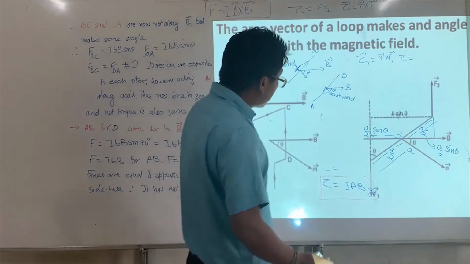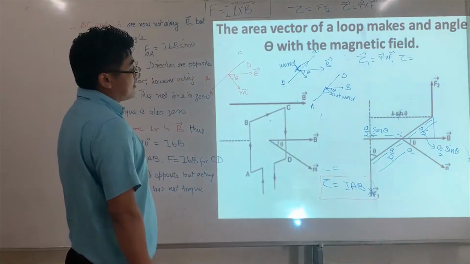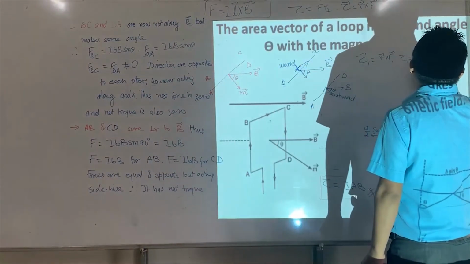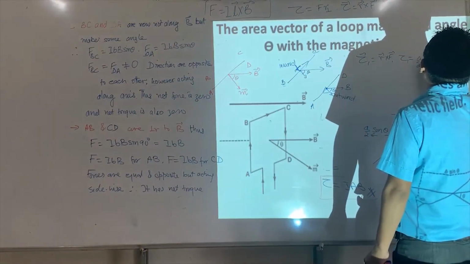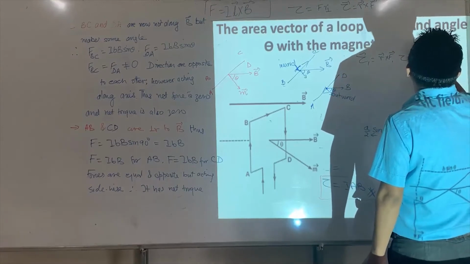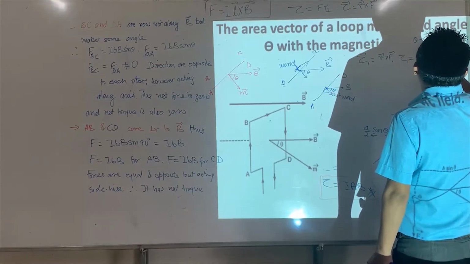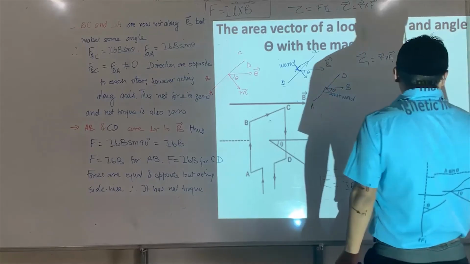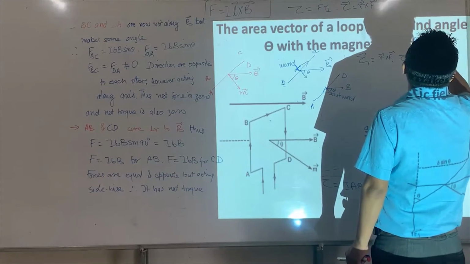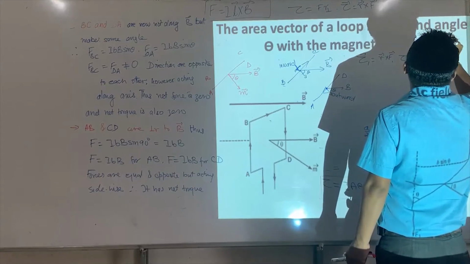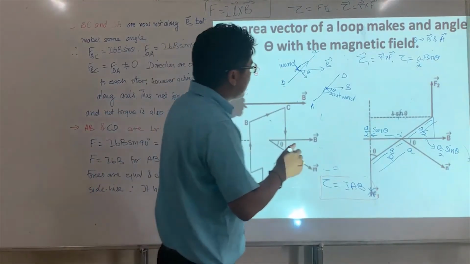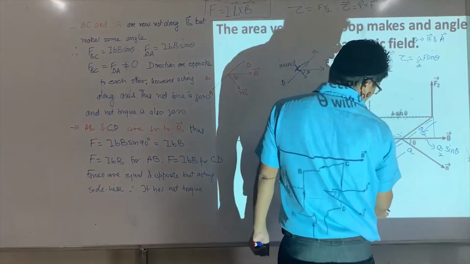These are the perpendicular distances. So therefore torque 1 is going to be a by 2 F sine theta, where theta is equal to the angle between these two, right? Angle between magnetic field and area. So therefore this is this angle, the normal angle, right?